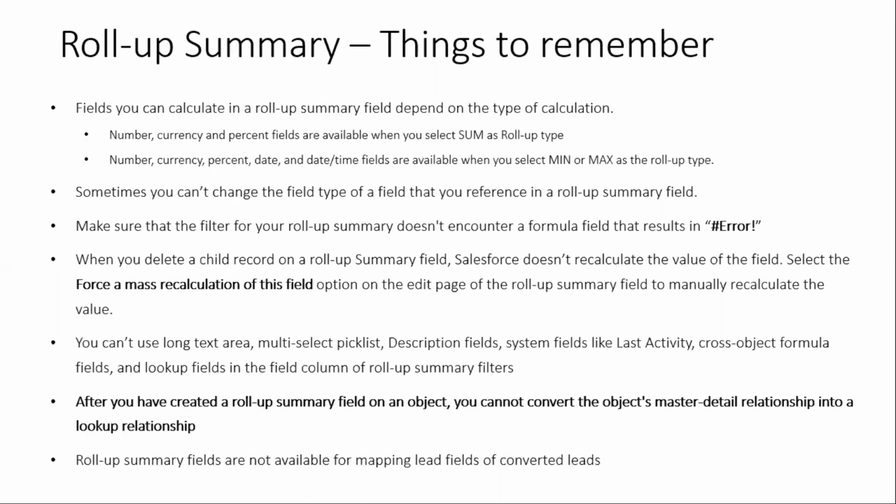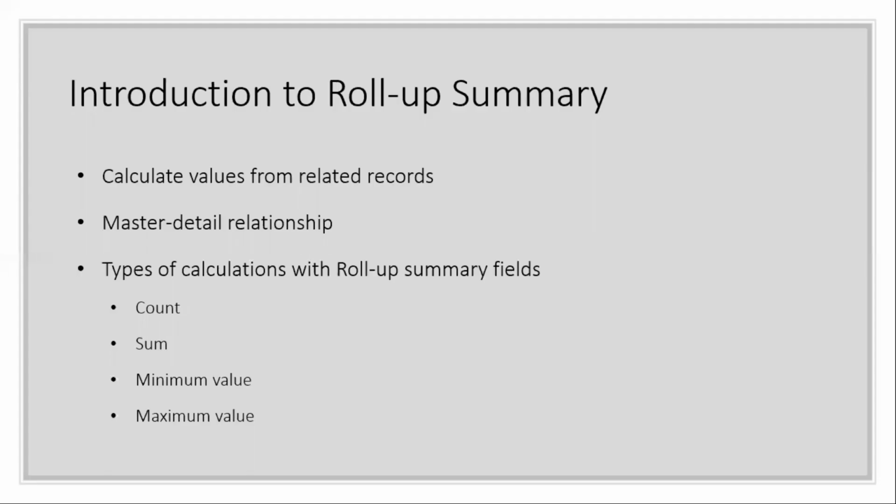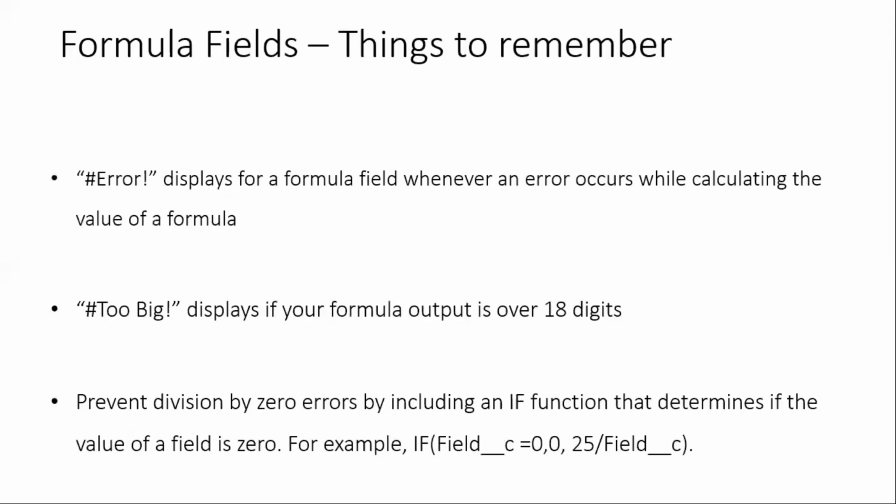Okay. So, troubleshooting the error. As I rightly mentioned, there are two major errors that generally occur when we work with the formula field. One is hash too big. Many times you see the text as hash too big. Don't panic.